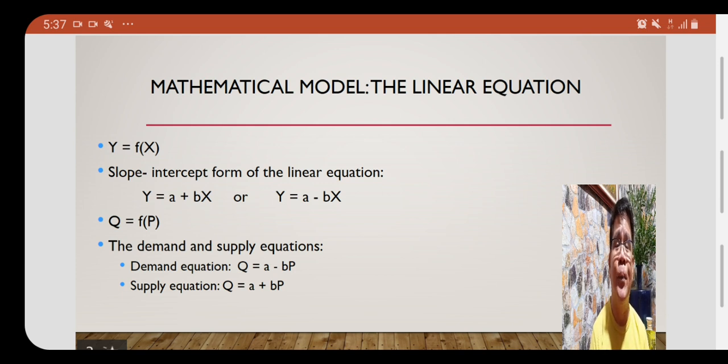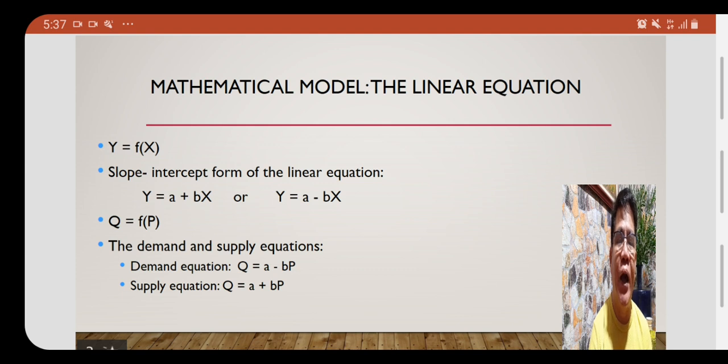That is why, given the supply equation, the slope is positive. That is to say, quantity is equal to A plus BP, while for the demand equation, we state it in the form of an equation as quantity is equal to A minus BP.